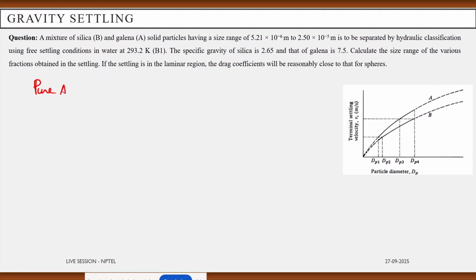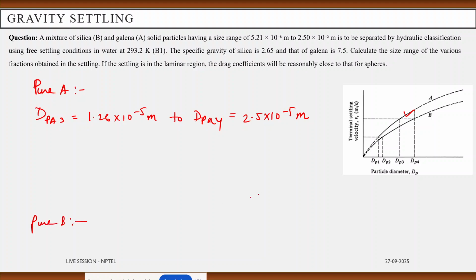Pure A has dp3 and dp4, these two fractions we calculated, so pure A will be in this region, whereas pure B will be in the region of these two.